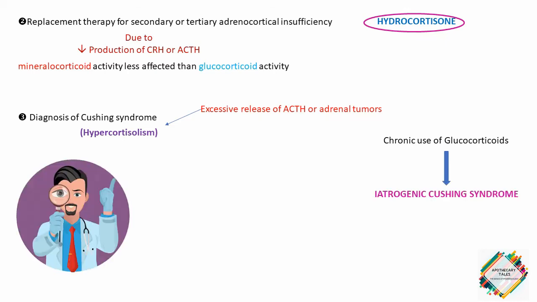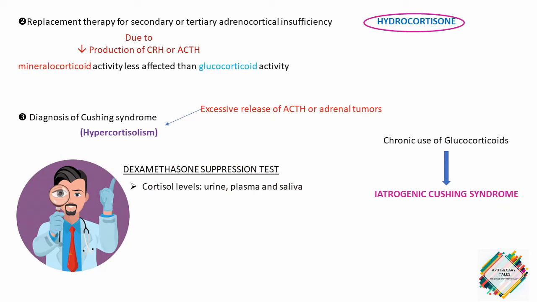Cortisol levels in urine, plasma and saliva, and the dexamethasone suppression test are used to diagnose Cushing syndrome. The synthetic glucocorticoid dexamethasone suppresses the cortisol release in normal individuals but not those with Cushing syndrome.